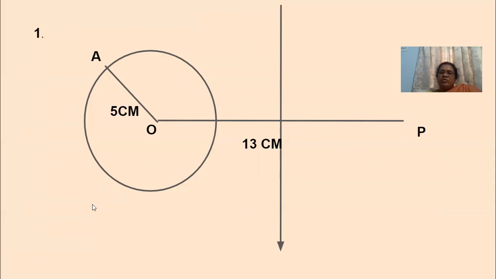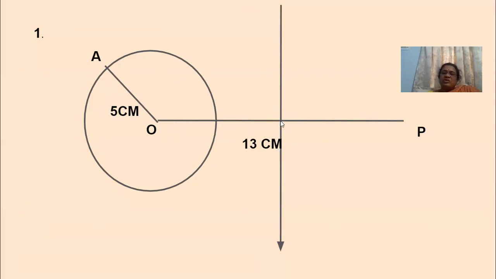We have to take about 7 centimeters in the compass and we have to put here, and at P we have to draw arcs up and down. So the point of intersection of these arcs is the perpendicular bisector. This perpendicular bisector will divide the line segment into 2 equal halves and at a right angle also. So let us make this point of intersection here.